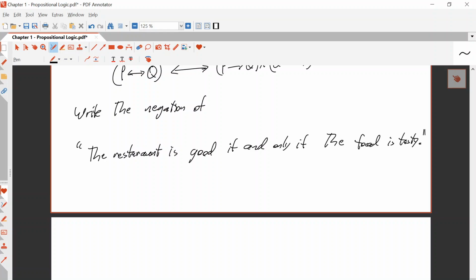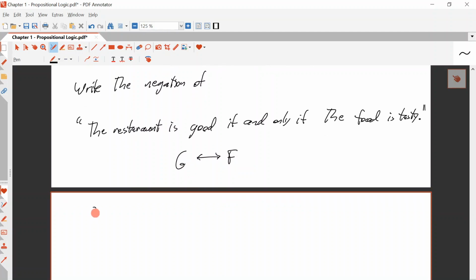So they're equivalent, right? That's what this person is saying. The goodness of the restaurant means that the food is tasty, and that's it. That's necessary and sufficient for the restaurant to be good. So, good restaurant if and only if food is tasty. So, we want to negate that.